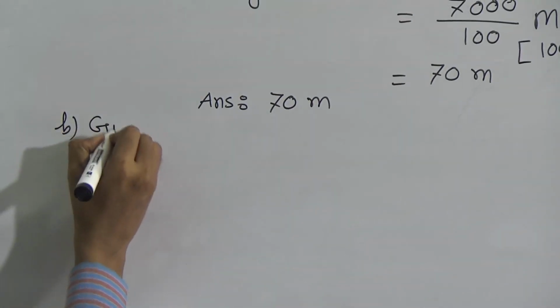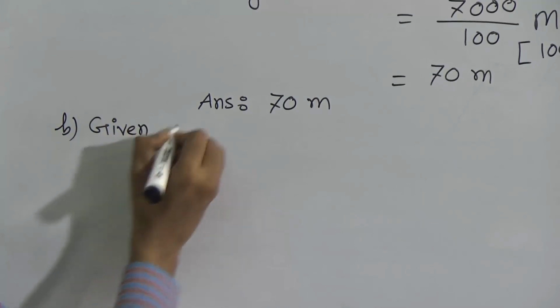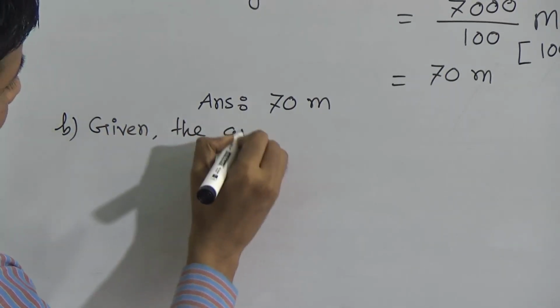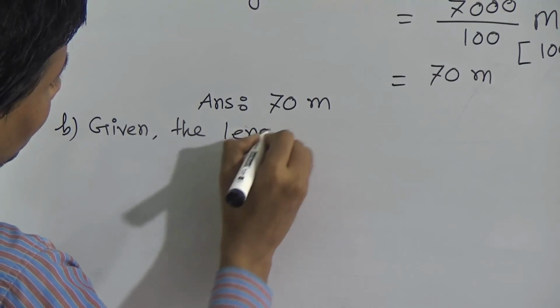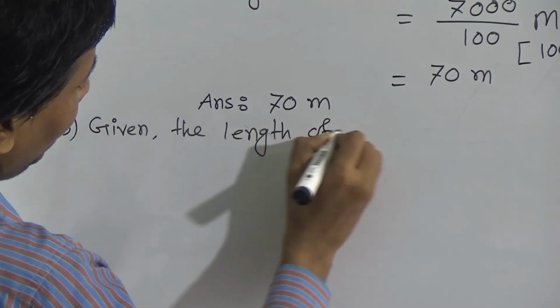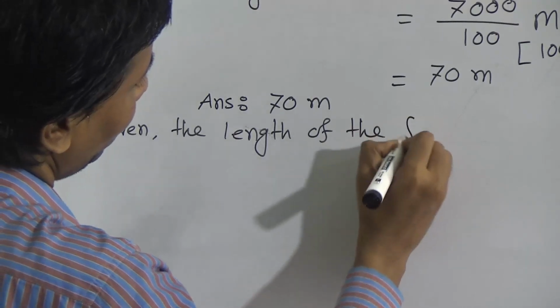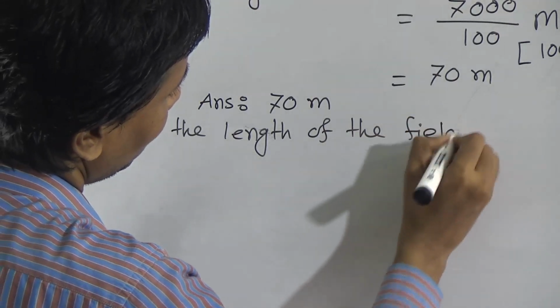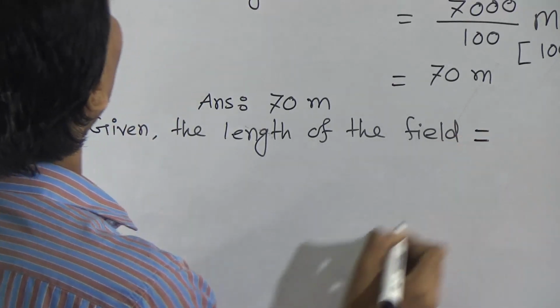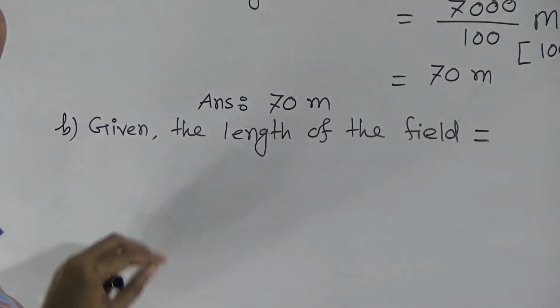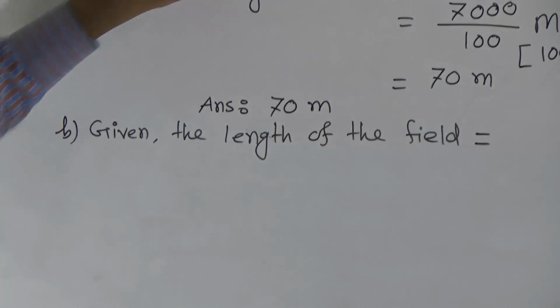Given the length of the field, length of the field is how many? Length of the field is 100 meter.